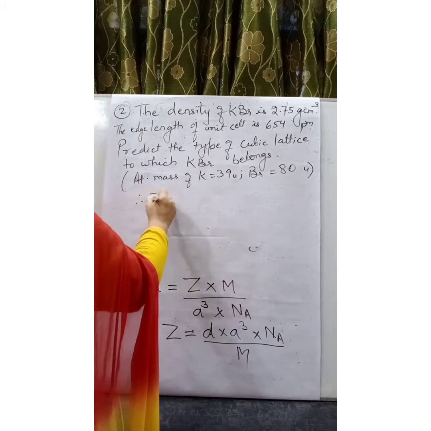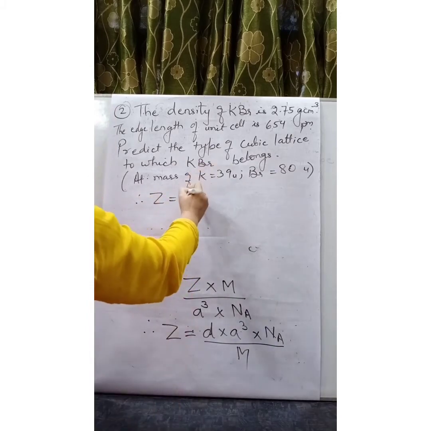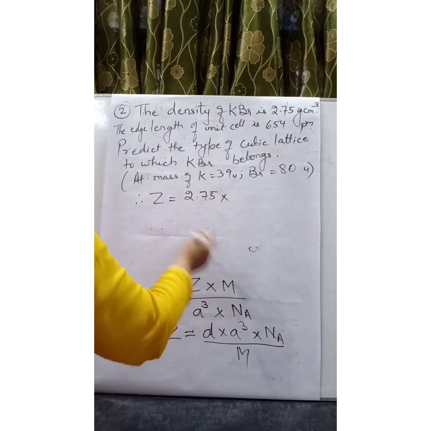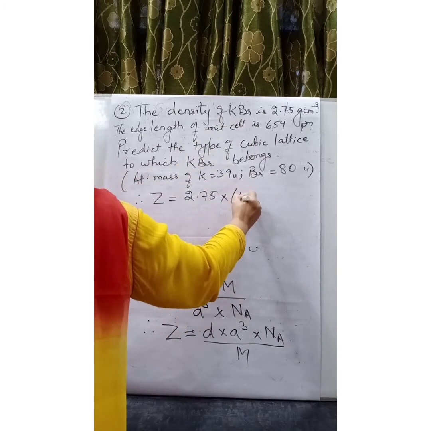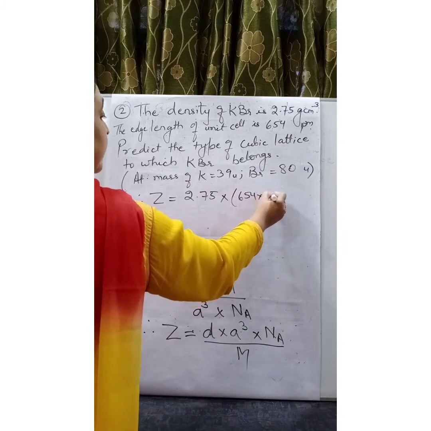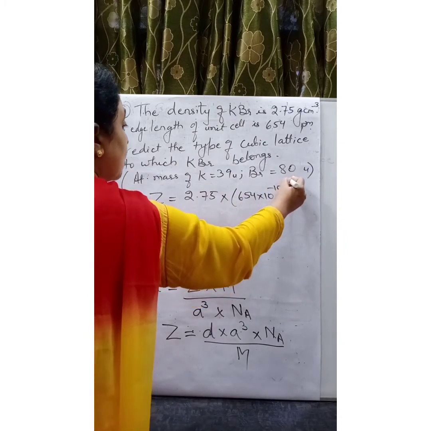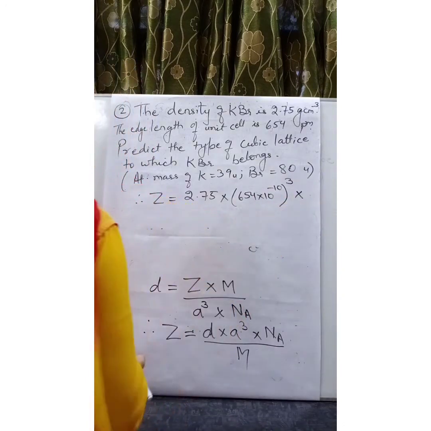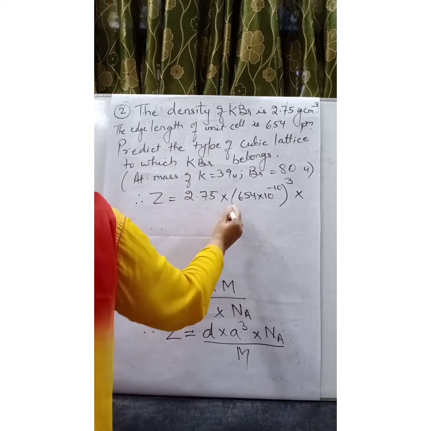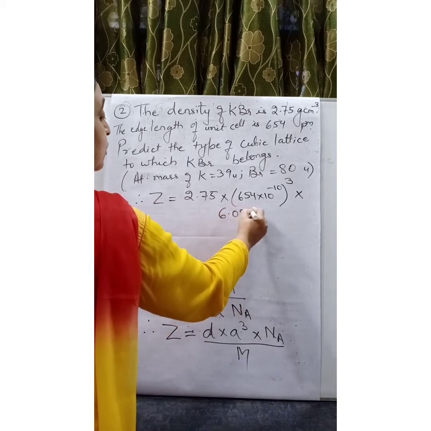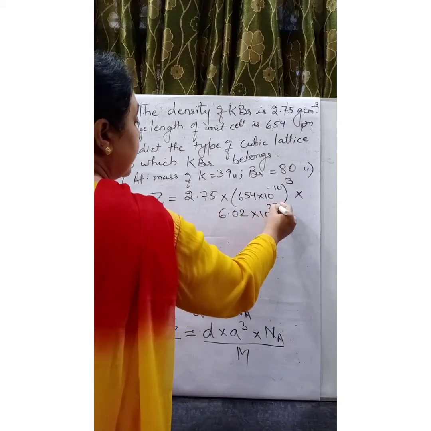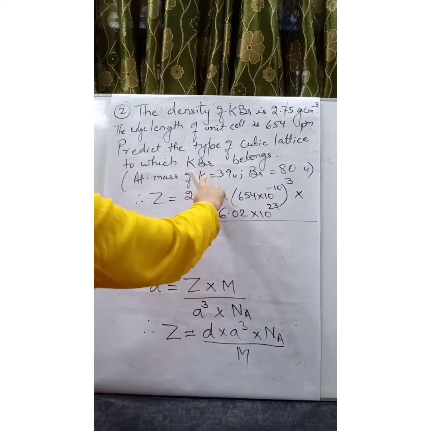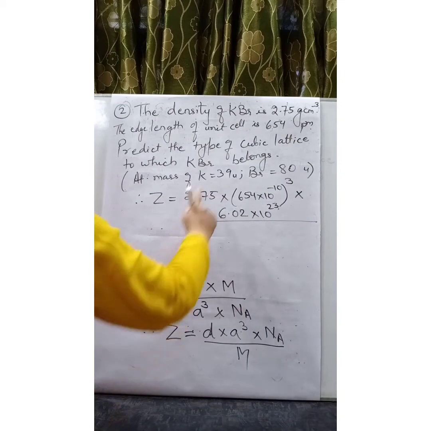So therefore Z is equal to, density is 2.75 into a cube. Your edge length is 654 into 10 to the power minus 10 whole cube, because we have to take volume as cube, into Avogadro number 6.02 into 10 to the power 23 divided by M, molar mass of KBr.